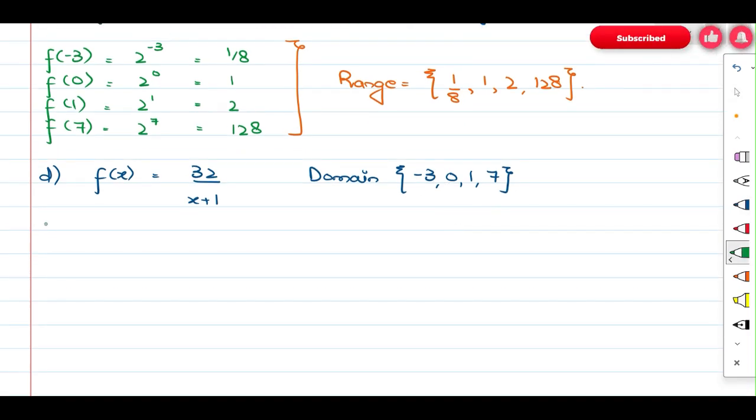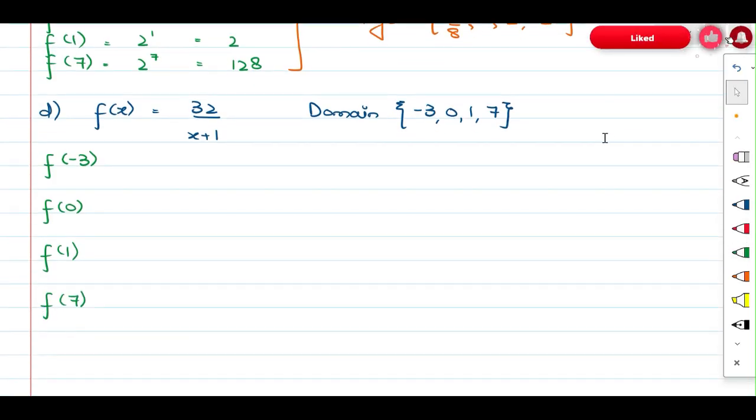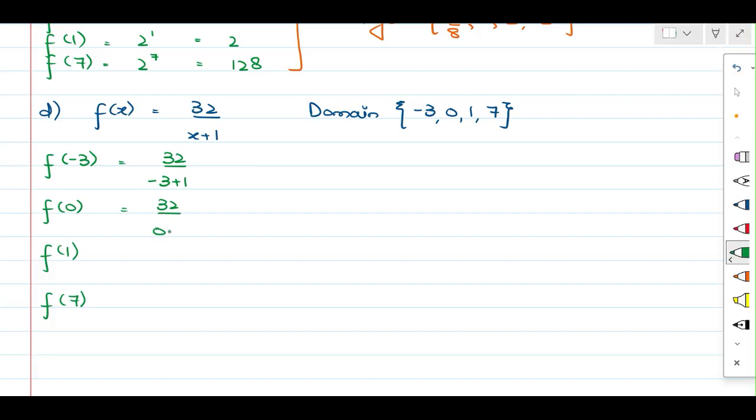Okay, now we need to solve the function value at -3, the function value at 0, the function value at 1, and the function value at 7. Okay, let me solve it. This is 32 divided by -3 plus 1, 32 divided by 0 plus 1, 32 divided by 1 plus 1, and 32 divided by 7 plus 1.